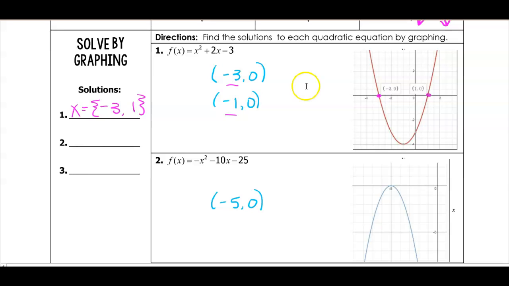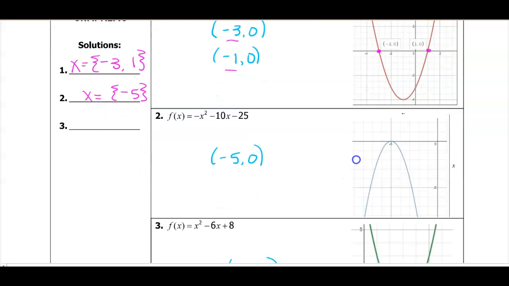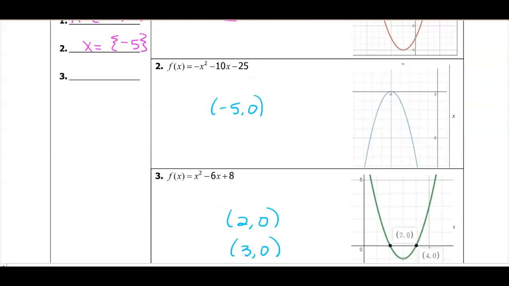Next, in number 2, you can see that our parabola hits the x-axis at that point -5, 0. So it has exactly one solution. So x equals -5. And then in number 3, we have these 2 solutions at 2, 0 and 4, 0.